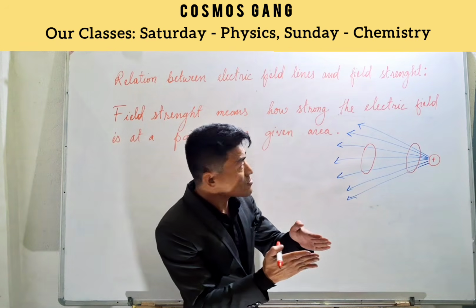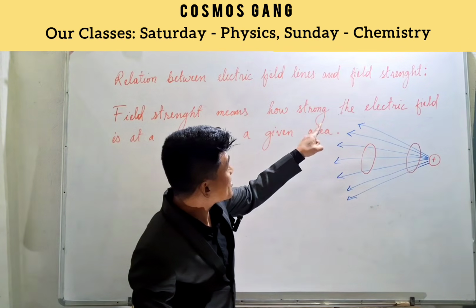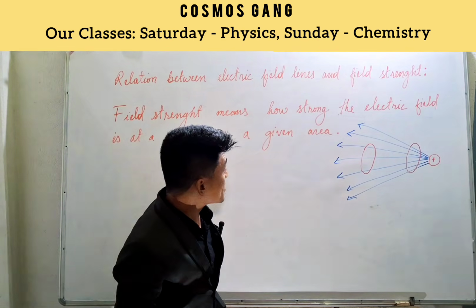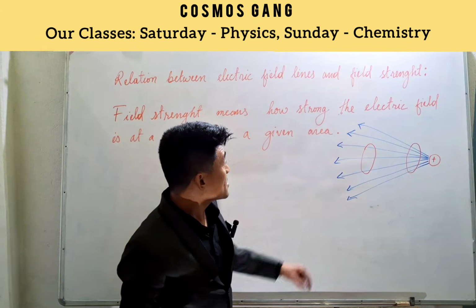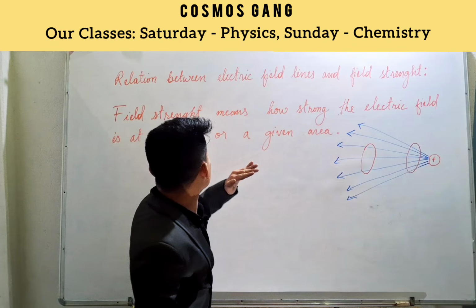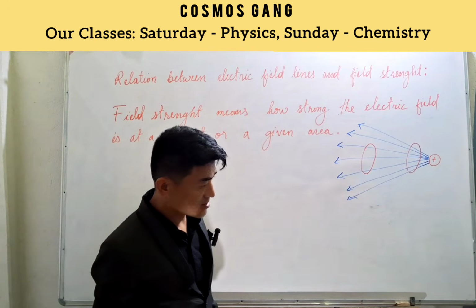So, the closer the electric field lines are, the stronger the field strength is, whereas the farther the field lines are placed, the weaker the field strength is going to be. So that is the relation between electric field lines and field strength.